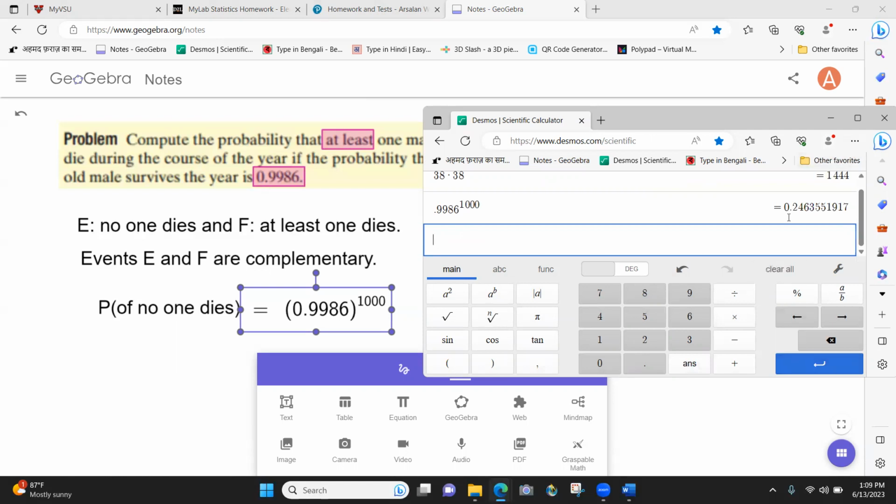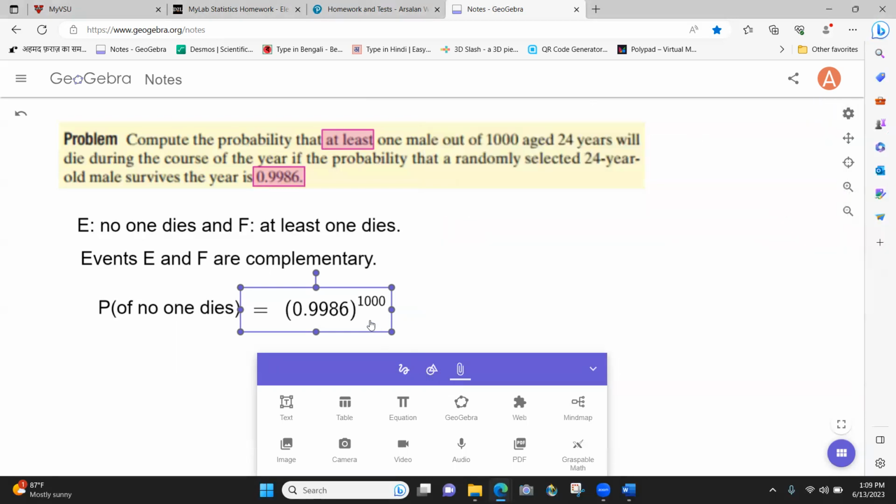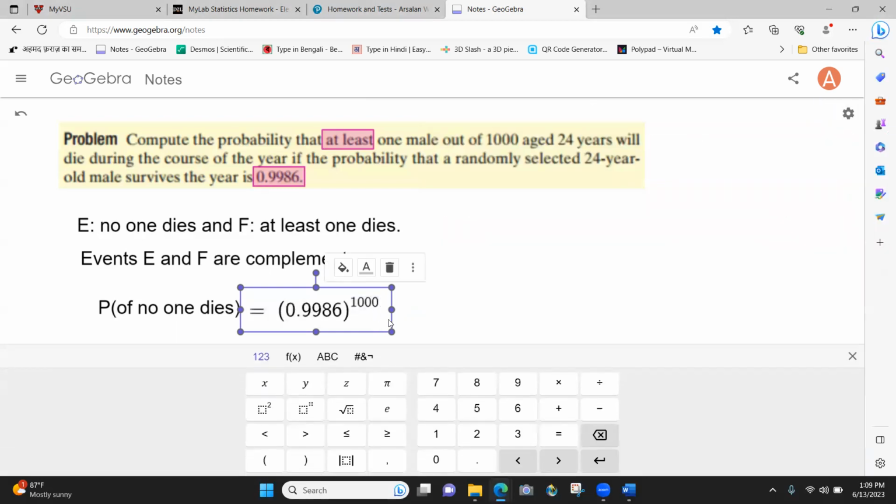This is what I'm getting, guys. Let me double check. I sometimes enter the wrong number. I'm pretty confident I'm getting this. Okay, so I'm getting this. Double check.